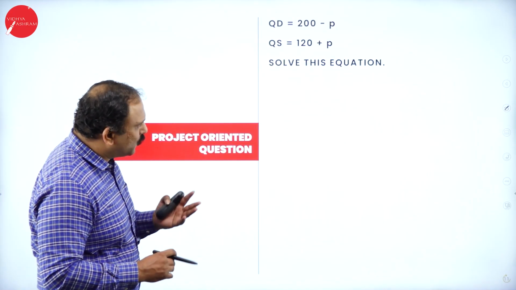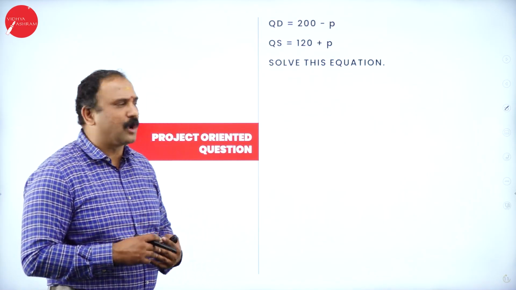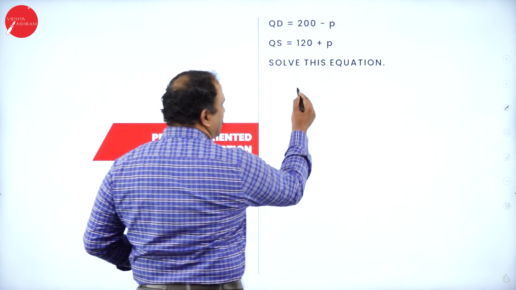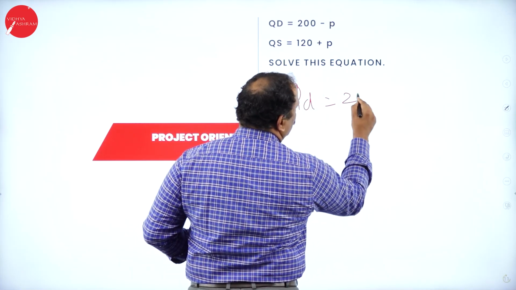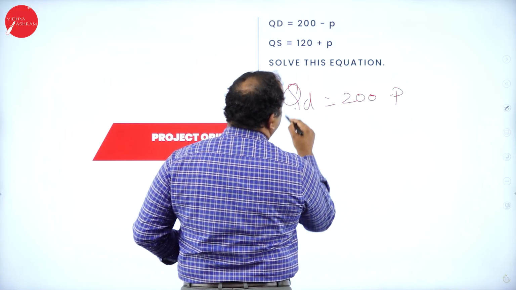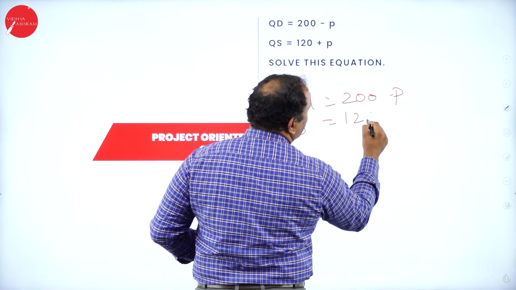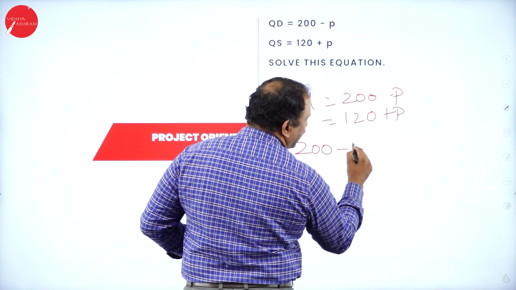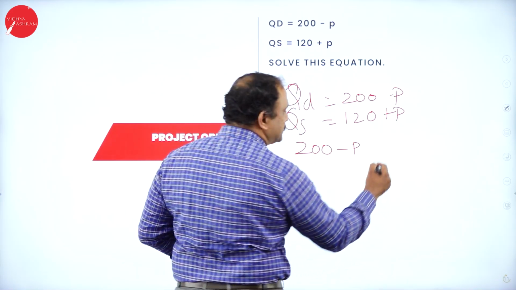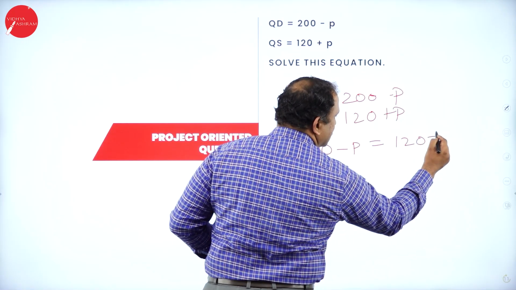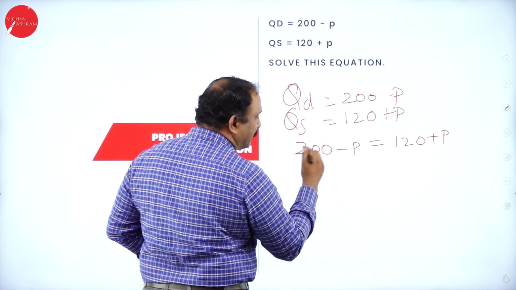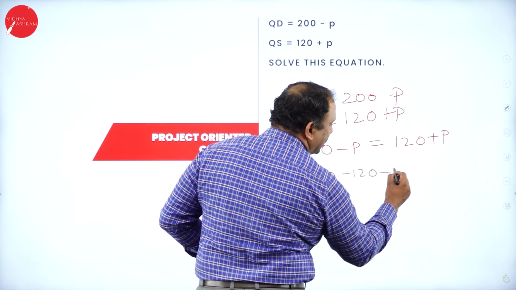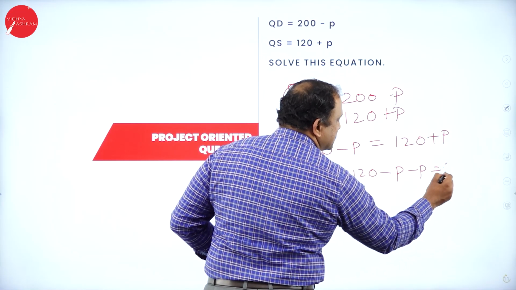Followed by, I'm just going to do one numerical question which is bound to come here. Let's try to solve this question. That's quite interesting. You are given QD equal to 200 minus P, and QS equal to 120 plus P. So what we are going to do here is equate demand with supply. 200 minus P equals 120 plus P. If I bring this across, 200 minus 120 minus 2P is equal to 0.